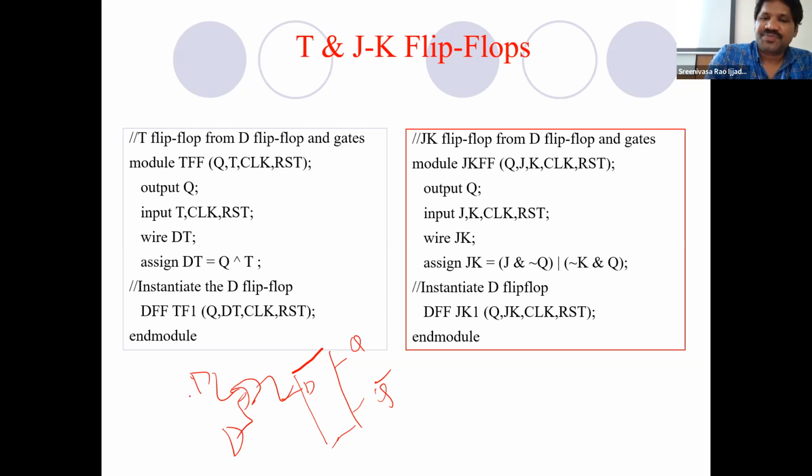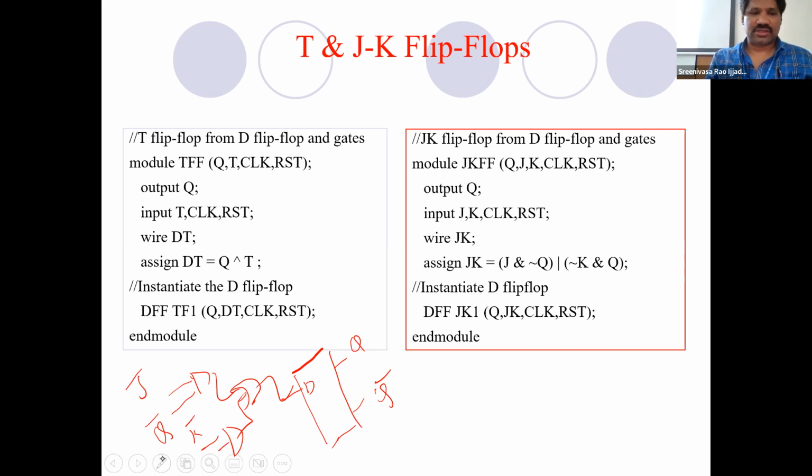What are the inputs? J and Q bar, and K bar and Q. Understand?